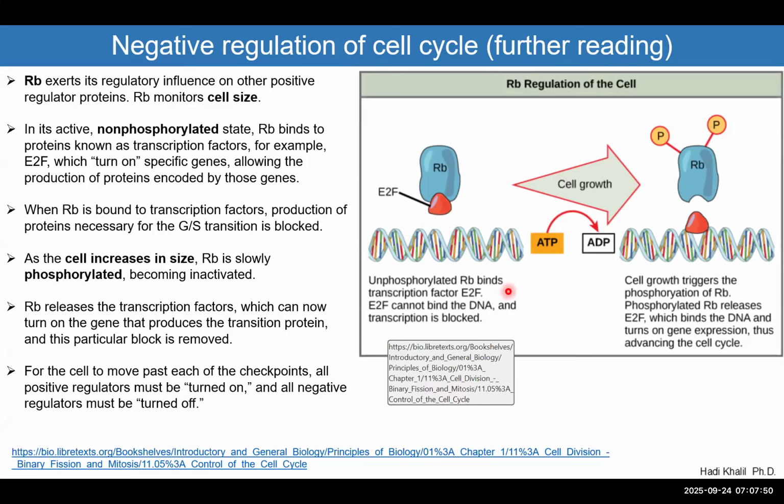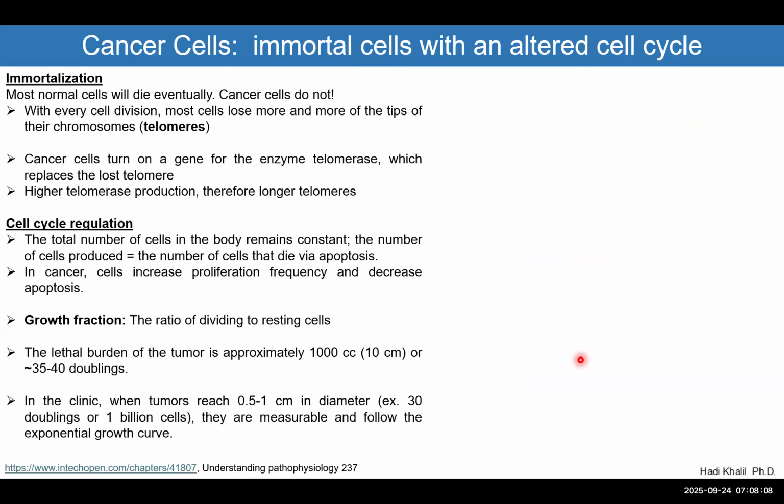So one aspect I want you to be careful for is that retinoblastoma is not only looking at the cell size, it's also correlated to the amount of nutrient that is available in the cell. Okay. So what happens that causes a cancer, and how do those cancer cells proceed to become immortal?